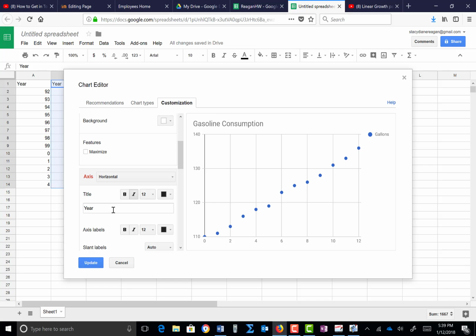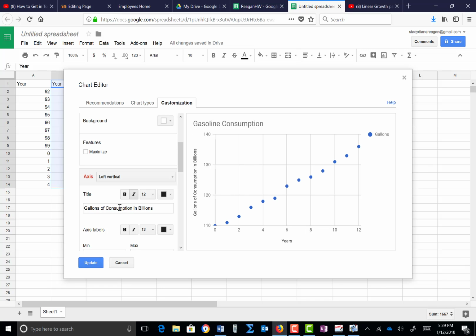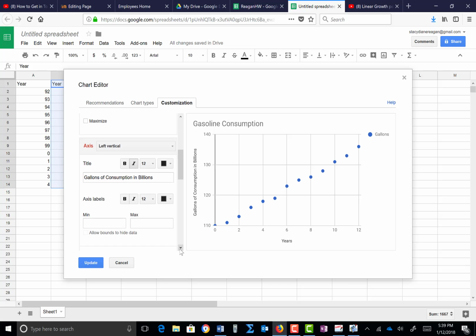And the vertical axis represents, according to your chart, billions of gallons of consumption. So I'm going to say gallons of consumption in billions, so that everybody knows it was in billions. Okay, so we're going to keep going down.